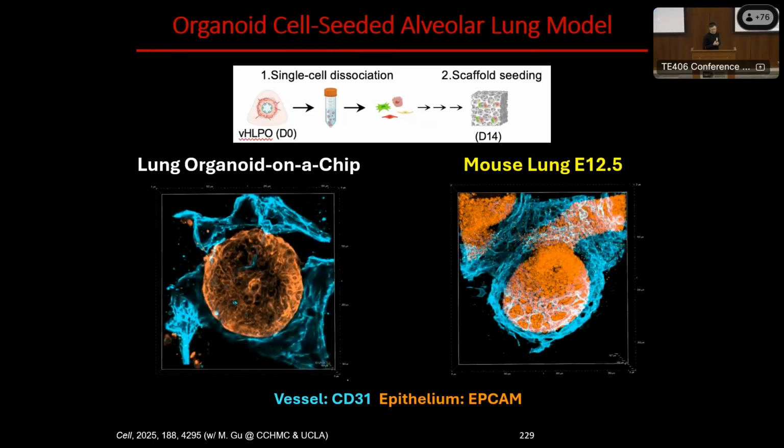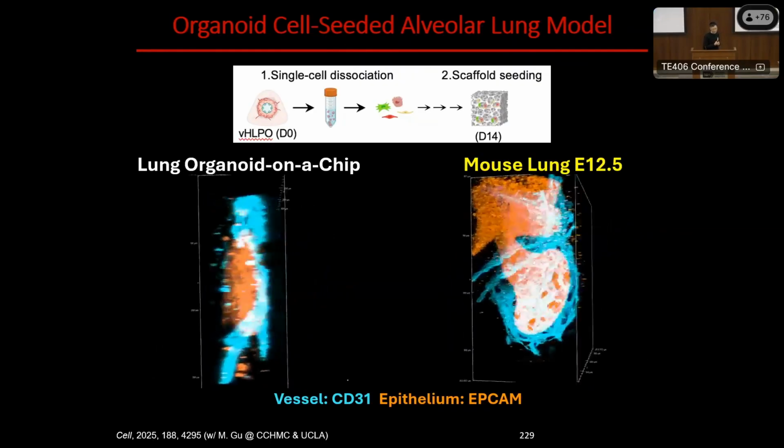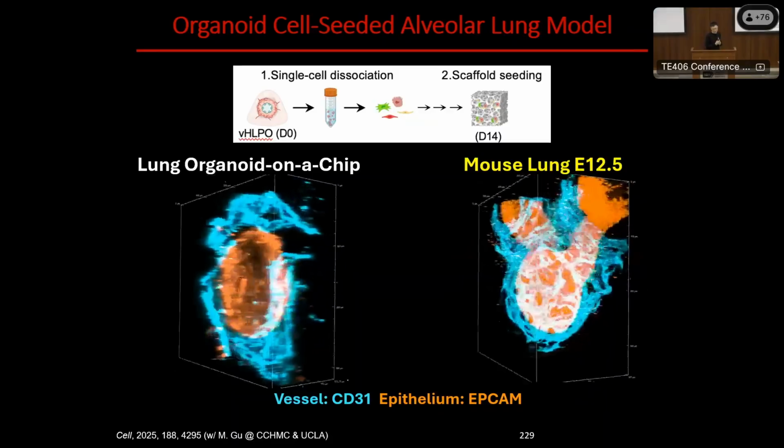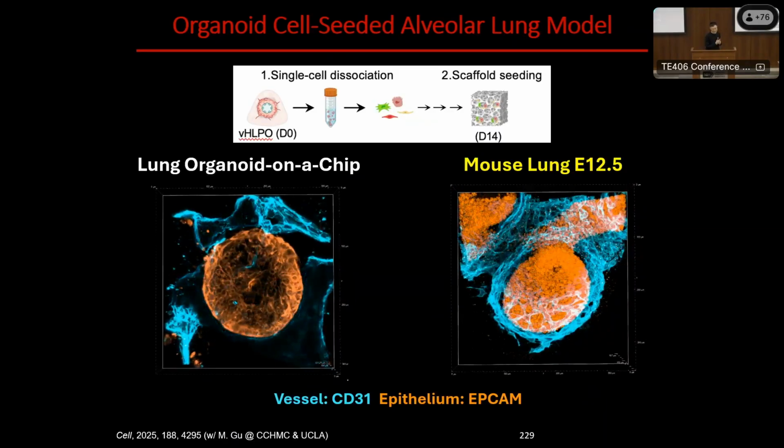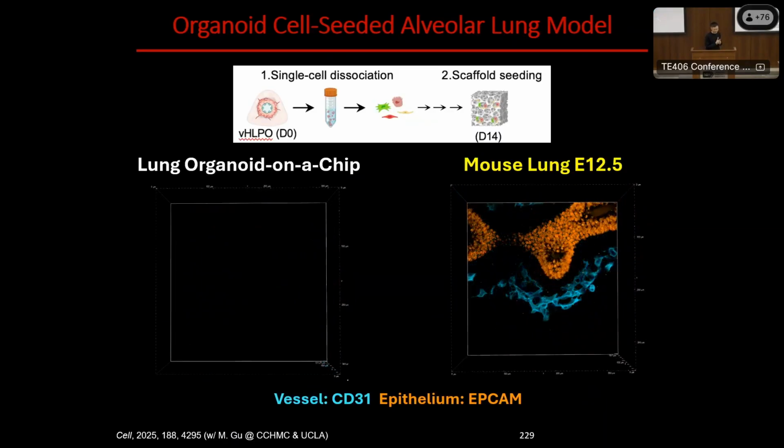This indicates that you can potentially use the scaffold system as the guiding point to allow reorientation of the cells so that you can reproduce a very similar structure.